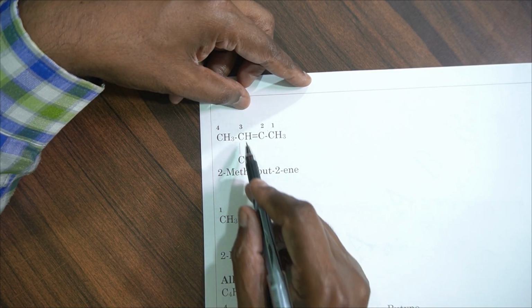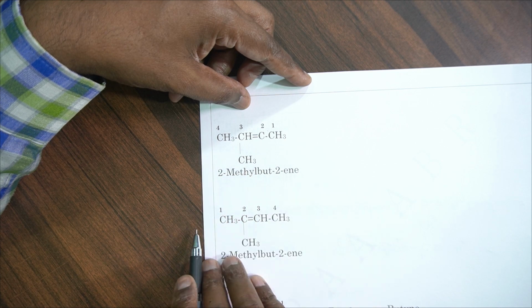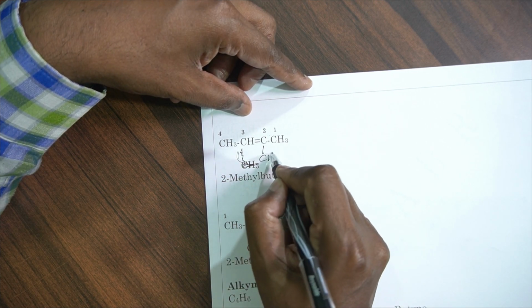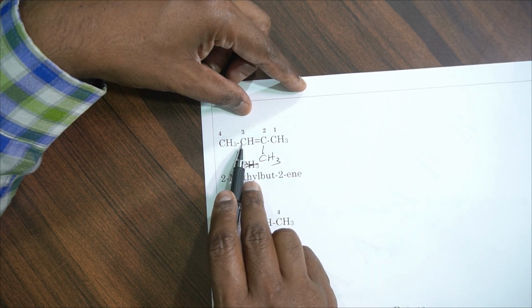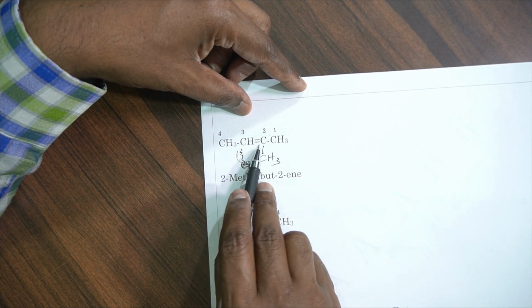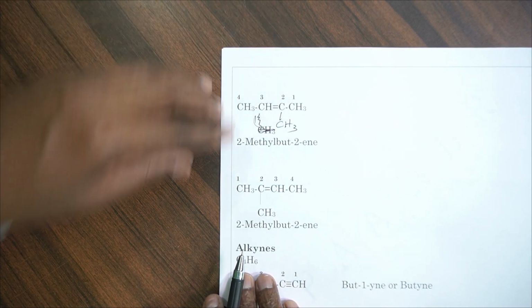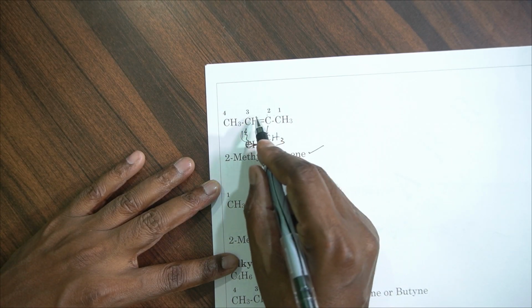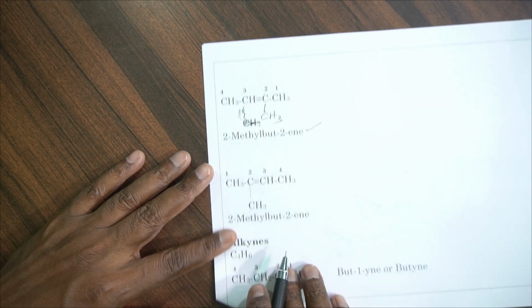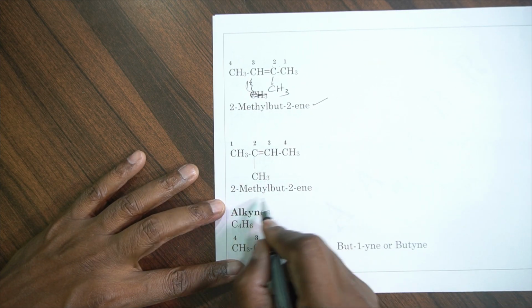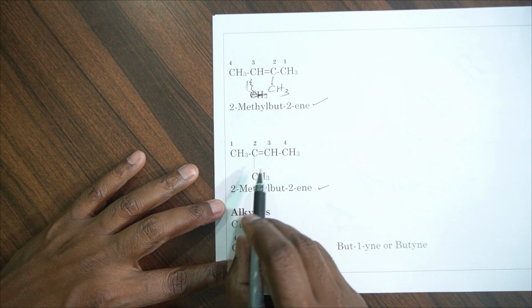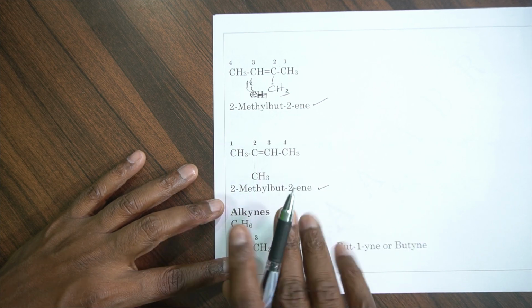So 2-methyl. Yes, this structure is wrong. It has to be here, CH3, because this carbon has 1 hydrogen and 3 bonds, so 4. So this one, okay. So it is 2-methylbut-2-ene, the double bond between 2 and 3, with 2-methyl. And here again you have 2-methylbut-2-ene. This is the same structure reversed.